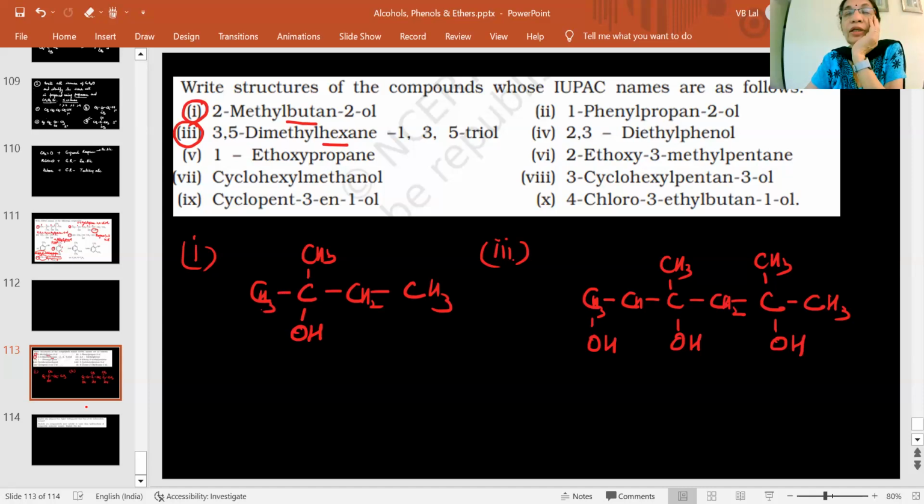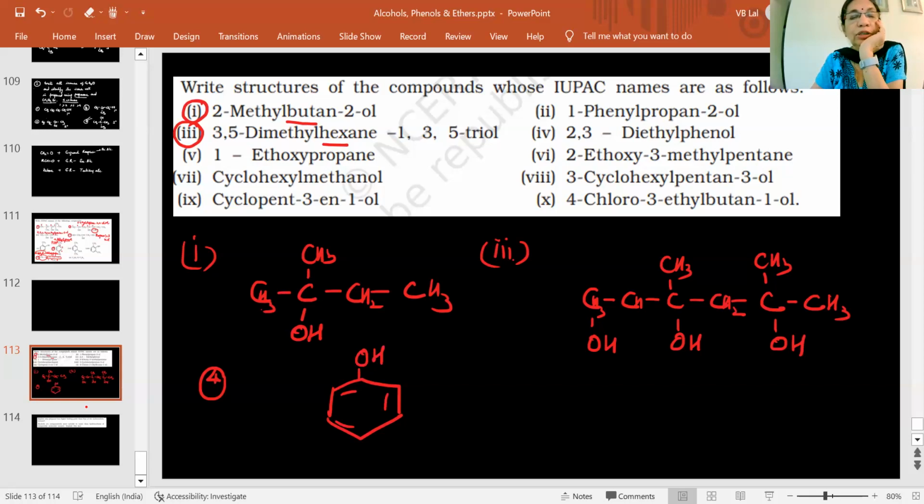Now you have to write, say for example, 2,3-diethyl phenol. So let me write the fourth one. How will I write? First write phenol. This is phenol, OH directly attached to the benzene ring.